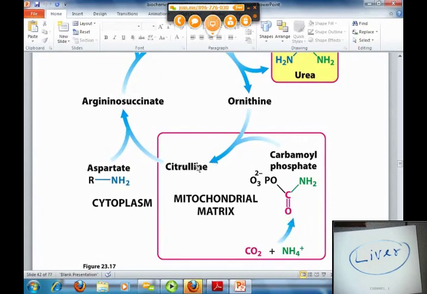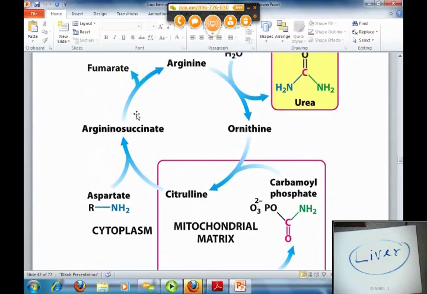They form carbamoyl phosphate, and citrulline is produced inside the matrix, and citrulline comes out into the cytoplasm to form argininosuccinate with the aspartate molecule, and then fumarate is released, because of aspartate entry here, argininosuccinate gives fumarate and arginine.